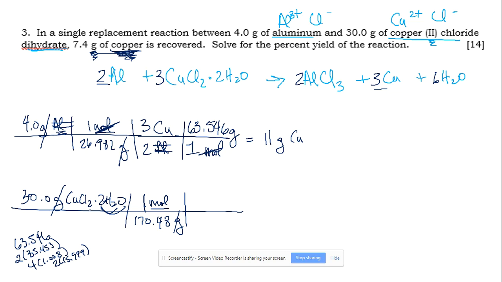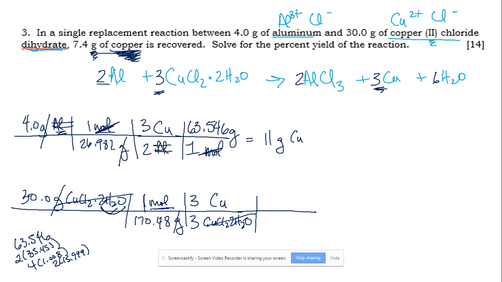I have moles of copper 2 chloride. I don't want grams of copper 2 chloride. I want grams of copper. And so I'm going to put my copper 2 chloride dihydrate on the bottom, copper on the top because that's what I want. Look at my balanced equation. I have 3 and 3. Then I need to turn my moles of copper back into grams.